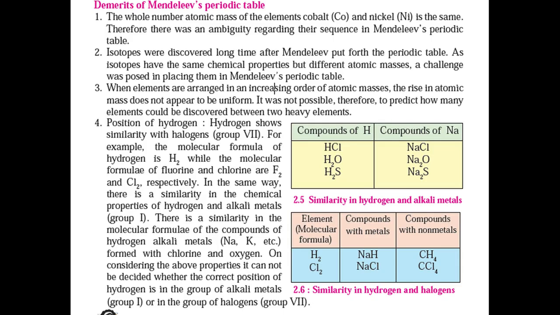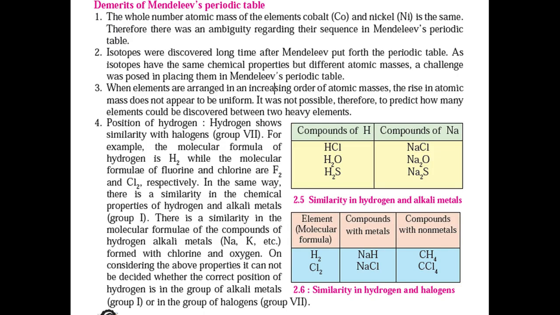Fourth, the position of the hydrogen. Hydrogen shows similarity to halogens. Halogens, they come in group 7. For example, molecular formula of hydrogen is H2, while the molecular formulae of fluorine and chlorine are F2 and Cl2, respectively.